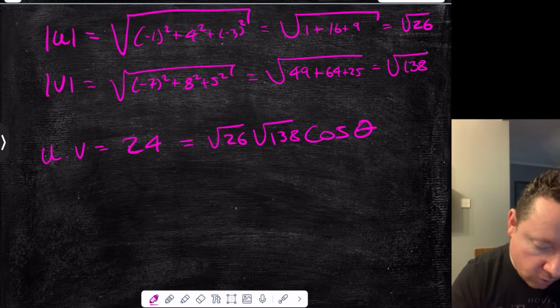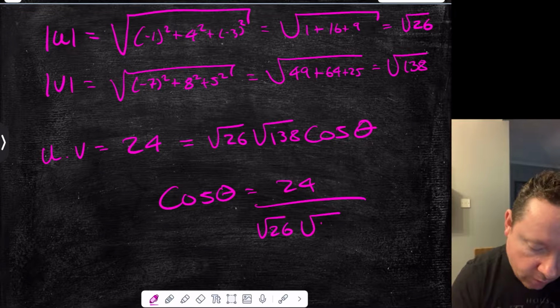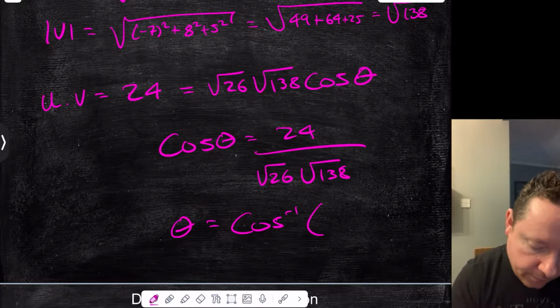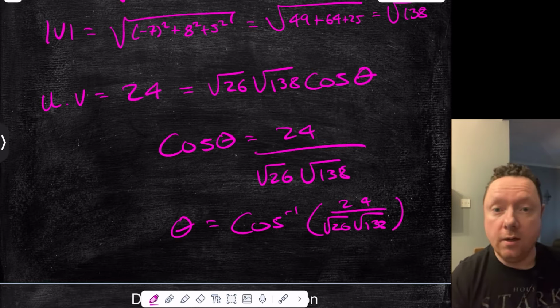So rearranging for cos theta, that means that cos theta is 24 over the square root of 26 times the square root of 138. So our theta is the inverse cos of all that. So we just get a calculator and work it out.